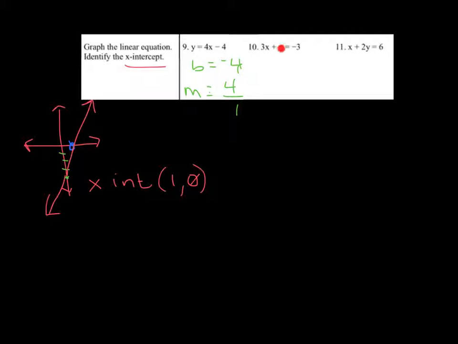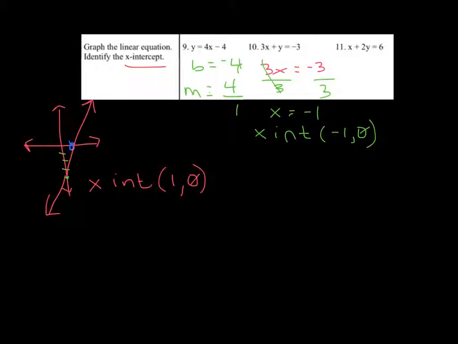That would make y 0, so it would go away and I would be left with 3x equals negative 3. To solve for x, I would divide both sides by 3, and that would tell me that my x-intercept would be equal to negative 1. Okay, so my x-intercept here would be negative 1, 0.